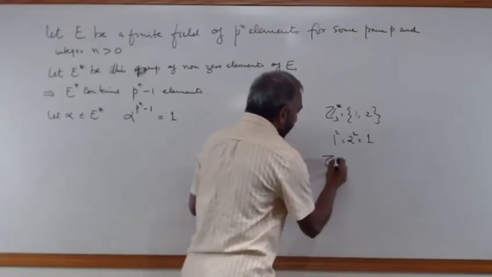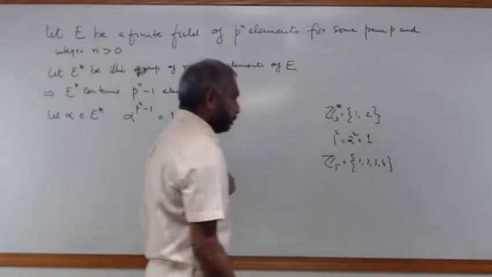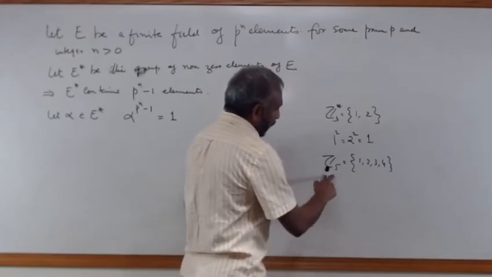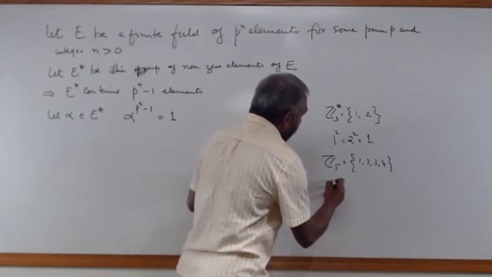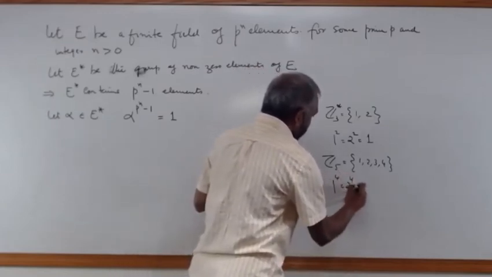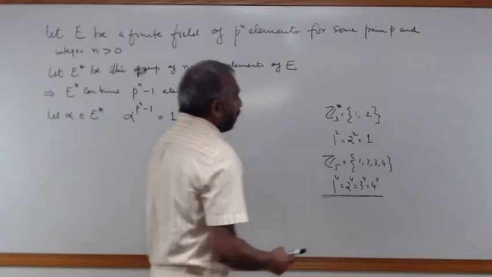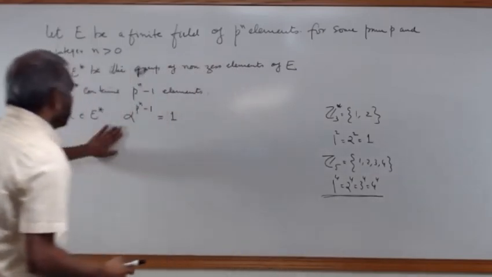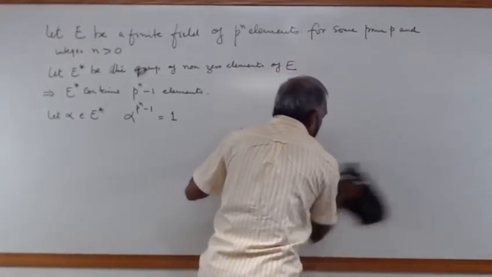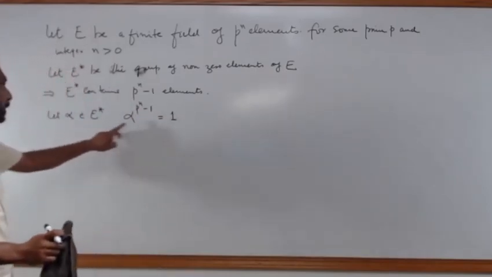If you take Z5, 1, 2, 3, 4, then we have 1 to the power of 4 is equal to 2 to the power of 4 is equal to 3 to the power of 4 is equal to 4 to the power of 4, all 1. So if a finite field has p to the power of n minus 1 elements in E star, for any element this is true.